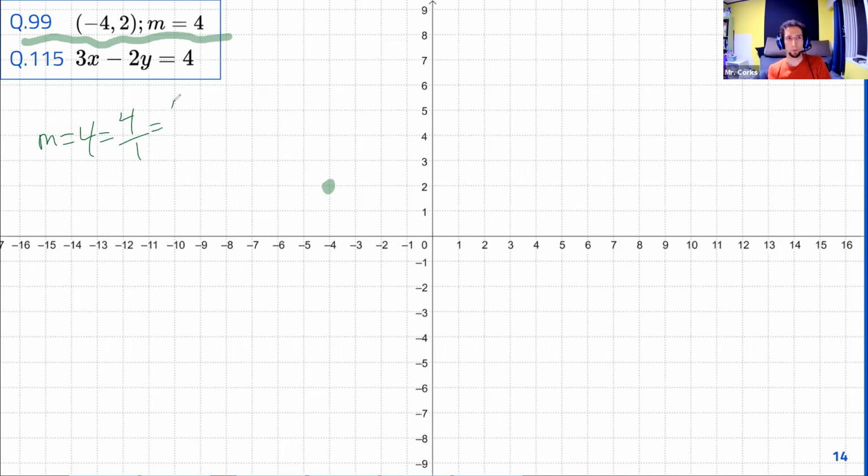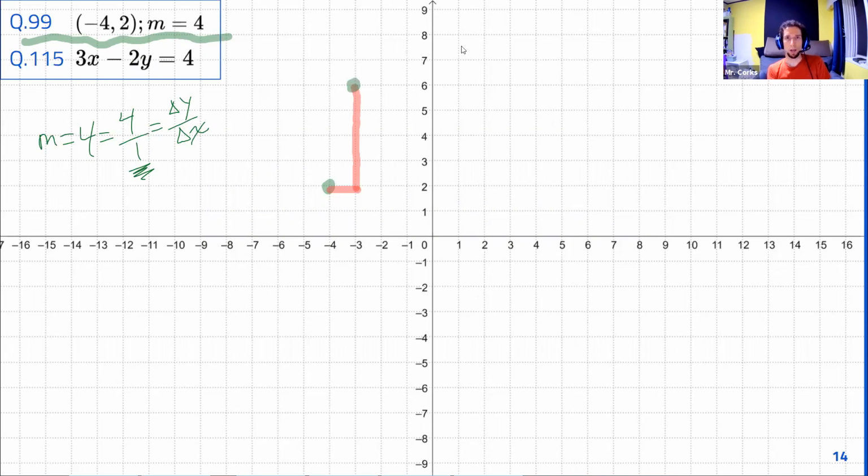And slope is delta y over delta x. So if the x value goes up by 1, then the y value is going up by 4. 1, 2, 3, 4. There is the next point on the line.